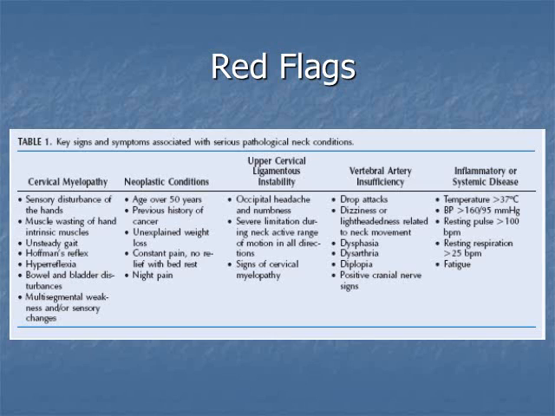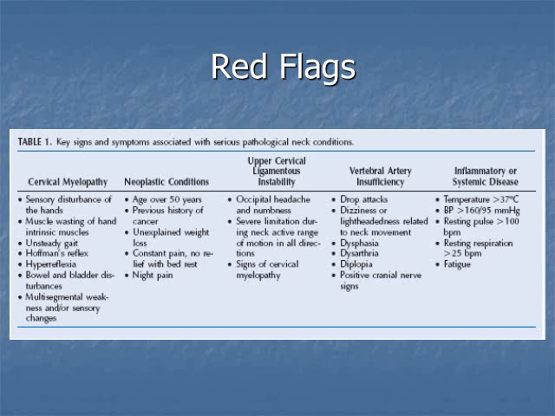Red flags to consider in particular with cervical or neck pain pathologies are things like cervical myelopathy, cancer, upper cervical instability, vertebral artery issues, and maybe some sort of inflammatory or systemic disease. Here is a list of the common signs and symptoms to be looking for.